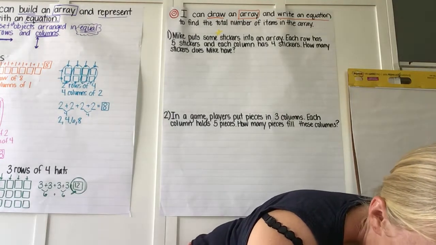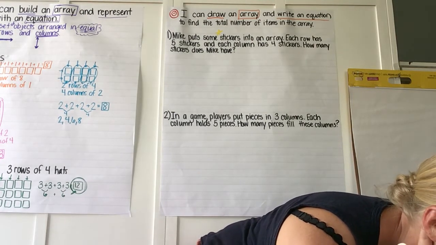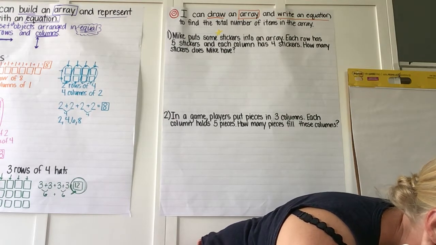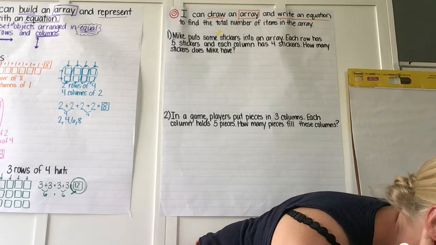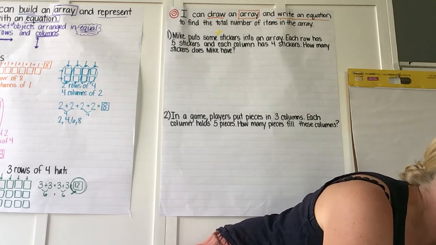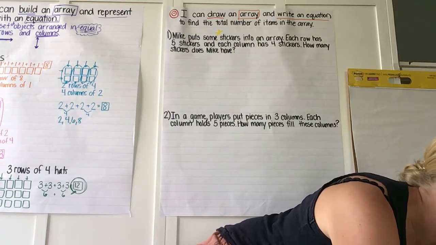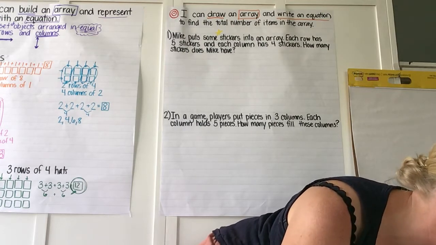So how many rows are you making? Well, why are you only doing 4? It says 5 on the rows. Oh, he said each row only has 5 in it. So how many? Okay, so you have a row of 5. So how do you know that you only have 4 rows?